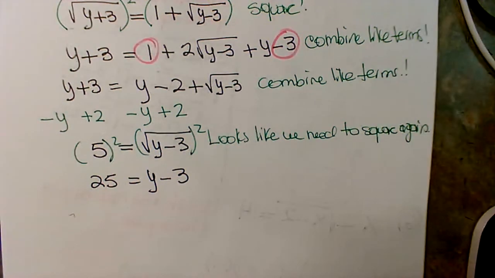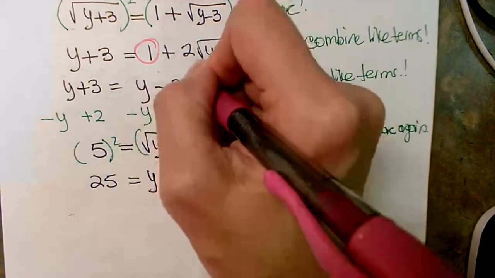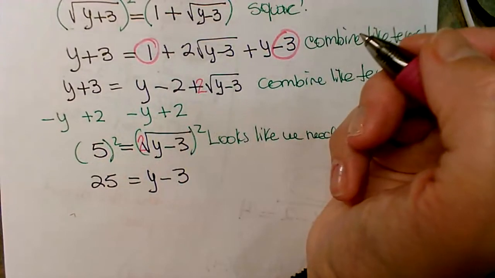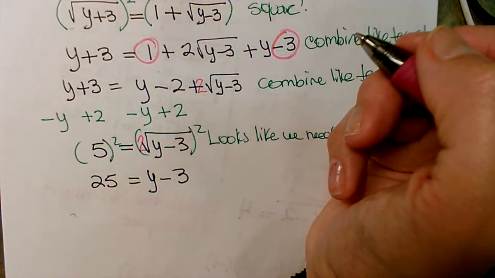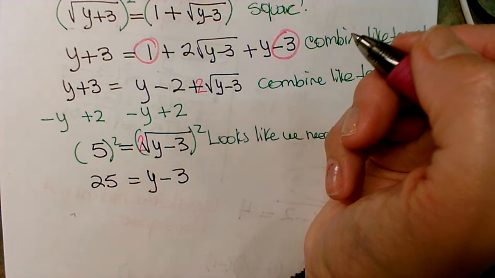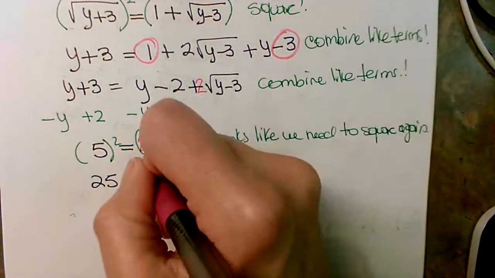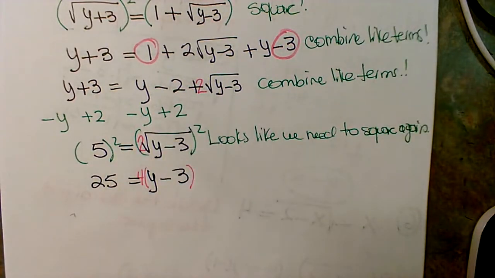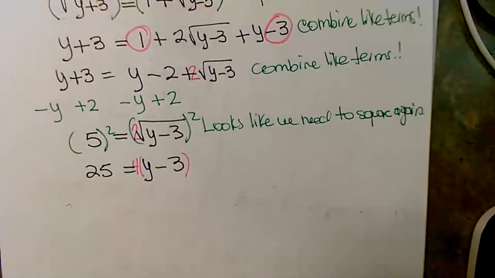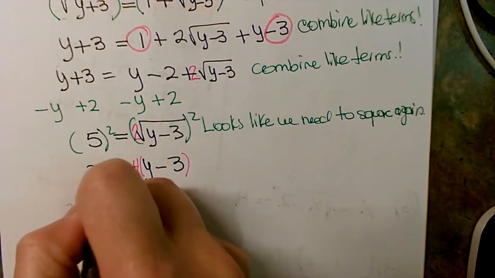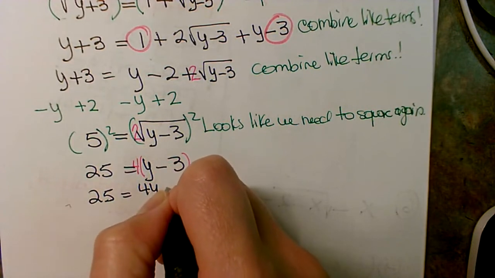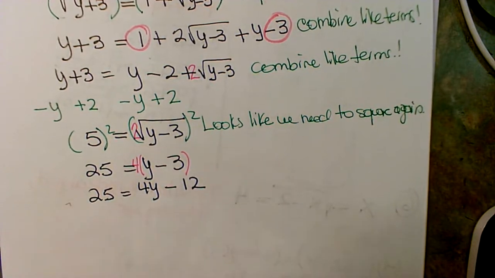You know what? I forgot these two that we have here. Okay? So that 2 there becomes 4, right? 2 to the second power becomes 4. And now we have 4 times y, 4y, 4 times negative 3, negative 12.